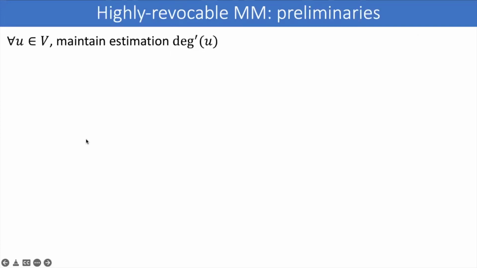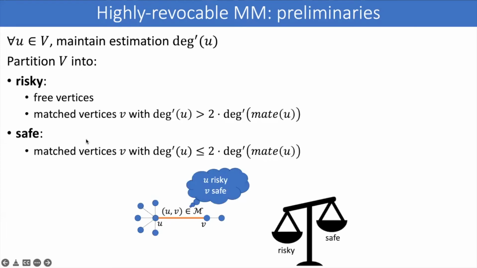Let's start with some definitions. For each vertex in the graph, we maintain a constant factor estimation of its degree, denoted by deg prime. We partition the vertex set into risky vertices, comprised of all the free vertices and all the matched vertices with estimated degree larger by a factor of 2 than their mate's degree, and the safe vertices, which are the matched vertices with estimated degree smaller than twice the degree of their mates.